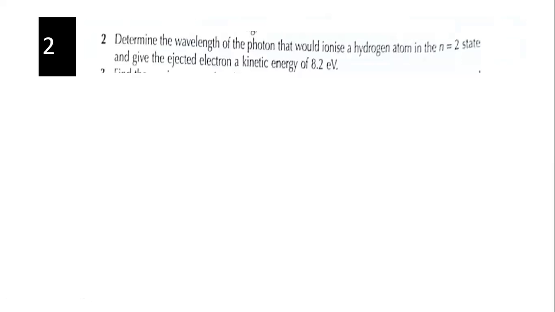Determine the wavelength of a photon that would ionize a hydrogen atom in the n equals 2 state and give the ejected electron a kinetic energy of 8.2 electron volt, same as previously.